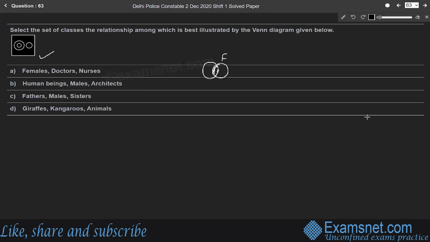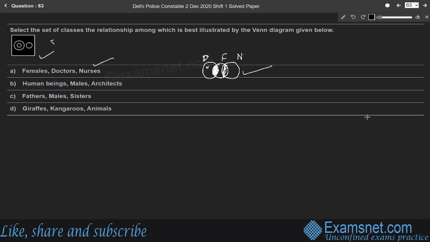This portion represents females who are doctors. The remaining portion is doctors who are not females. Another class is nurses, a set in which some are females. So this Venn diagram doesn't match the given Venn diagram.